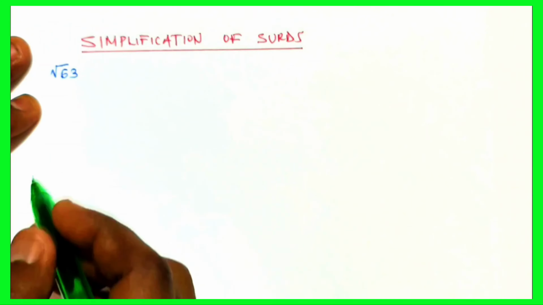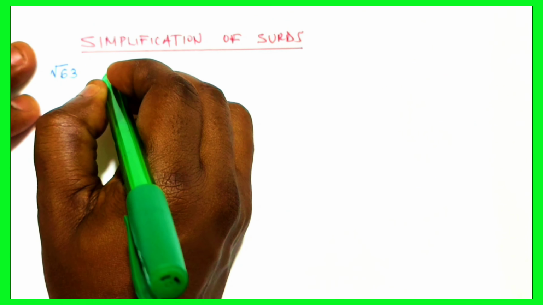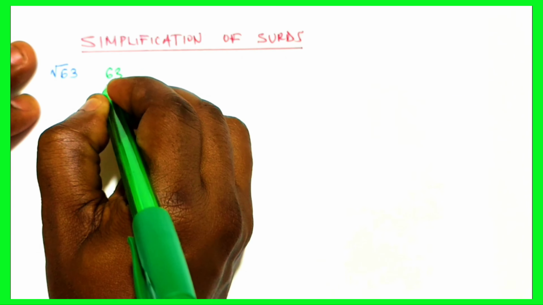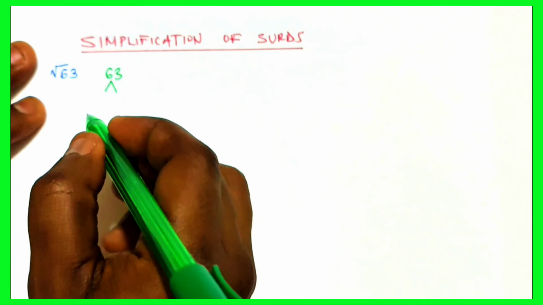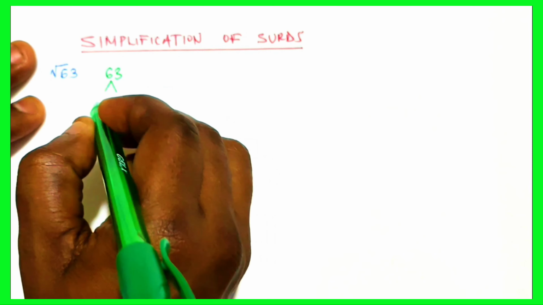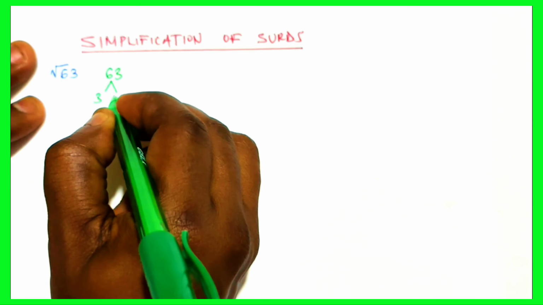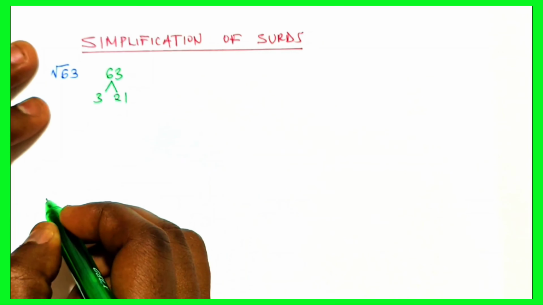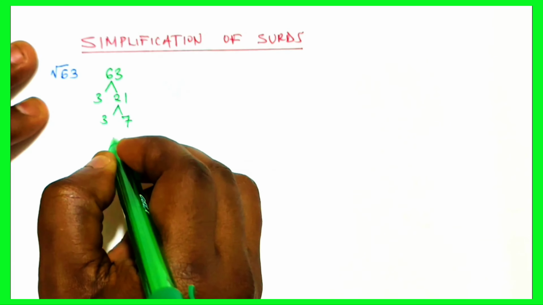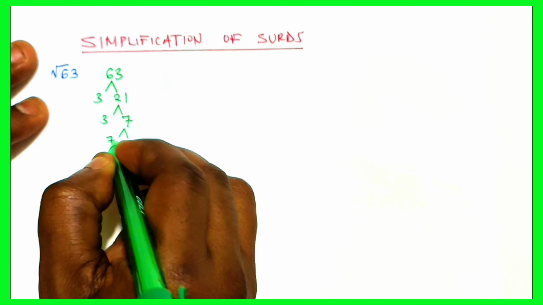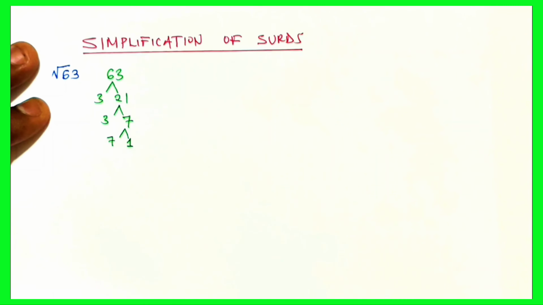For instance, the first one here, let's consider the prime factorization of 63. 63 divided by 3 is 21, and 21 divided by 3 is 7, and 7 divided by 7 is 1.